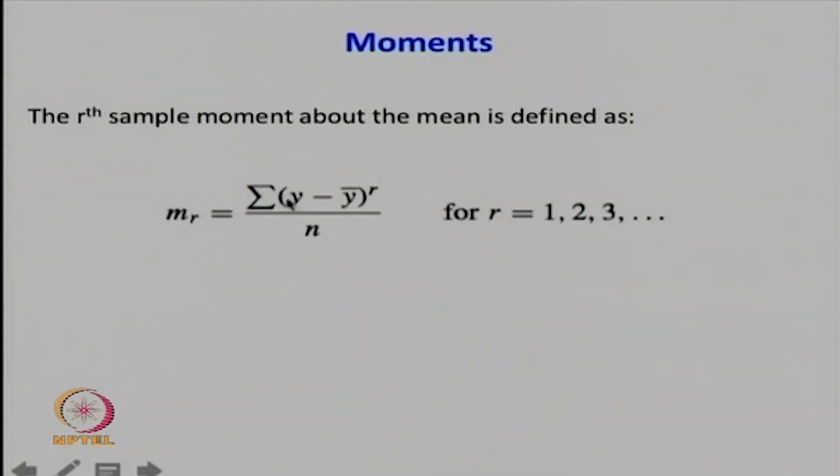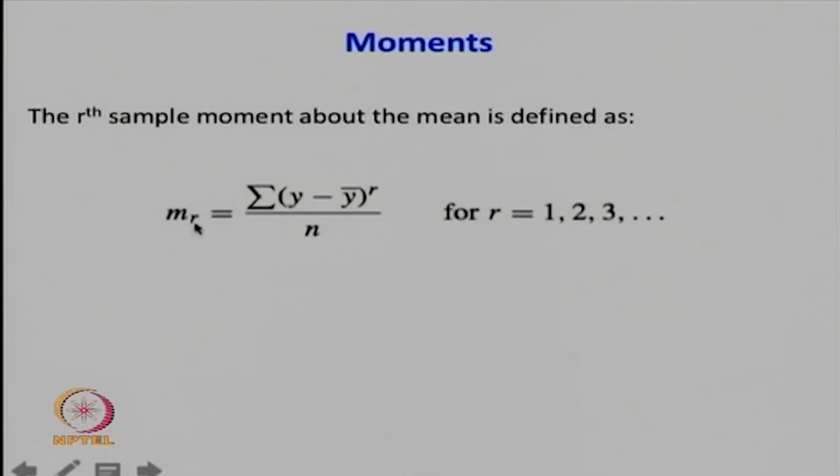So, for every negative value that you accumulate, for example y1 minus y bar, there is a corresponding y2 minus y bar which is positive and of equal value. These cancel each other out, eventually giving you a value of m3 or m5 equal to 0. But of course, for an asymmetric distribution, this value is not going to be 0; it will have some value.